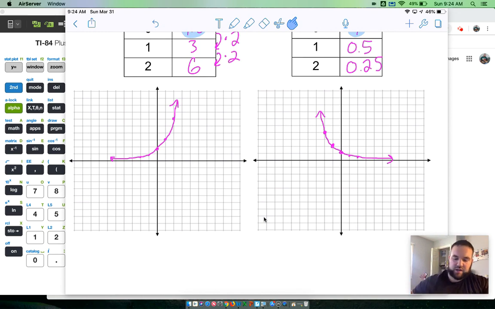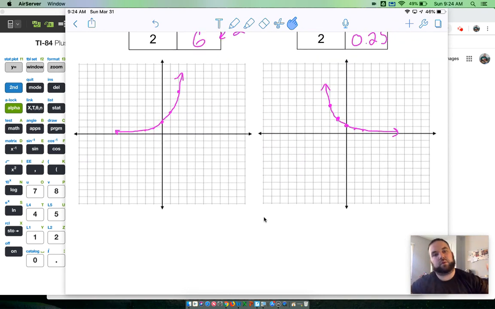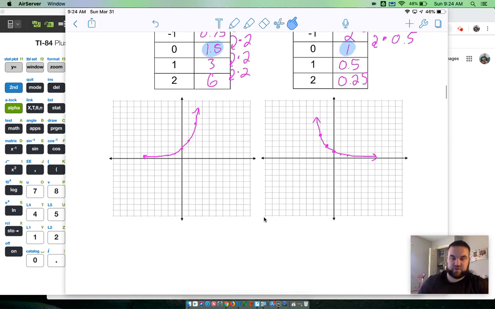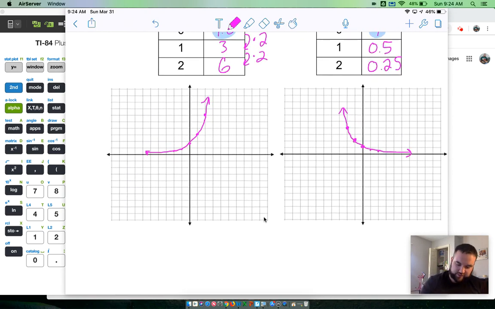So you'll notice that one of these is increasing. The first graph that we had started at small values and then doubled, and the graph on the right starts high and is decreasing. That's the difference between exponential growth and decay. This is exponential growth because the graph is growing from left to right, or the y values are growing.